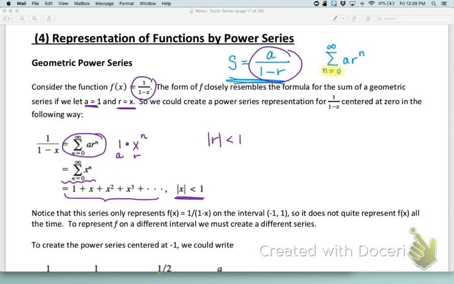So it's only going to represent that series, f of x equals 1 over 1 minus x, on that particular interval from -1 to 1. And it cannot include the endpoints because it will not converge. So it doesn't quite represent f of x all of the time. So we have to write a different series if we want to look at a different interval.